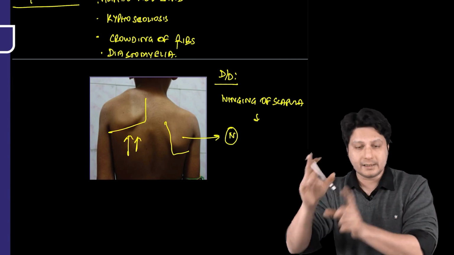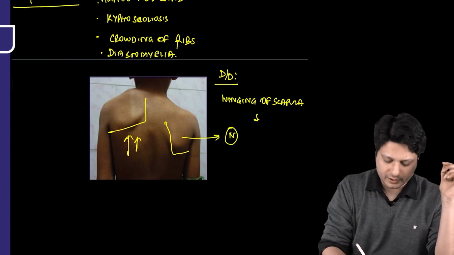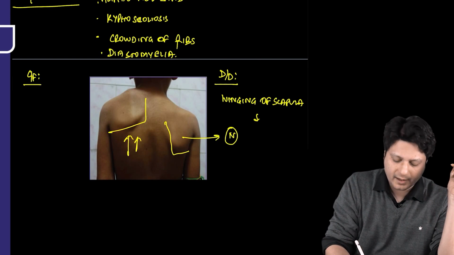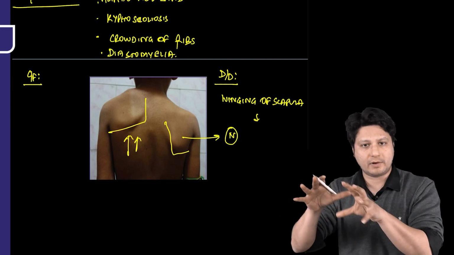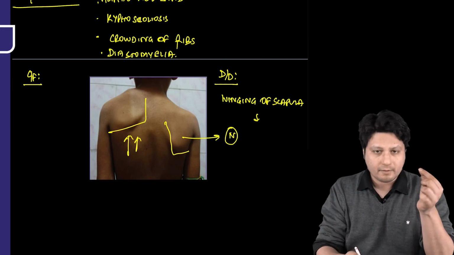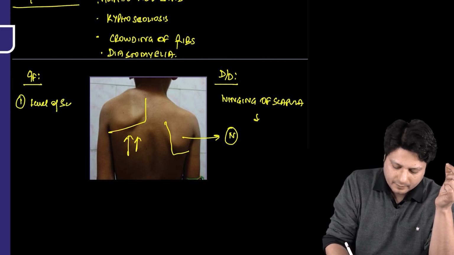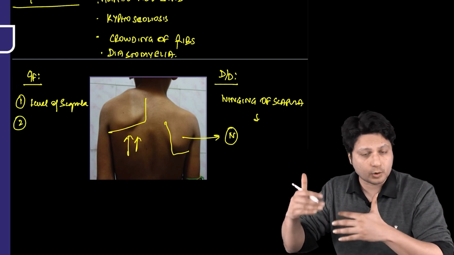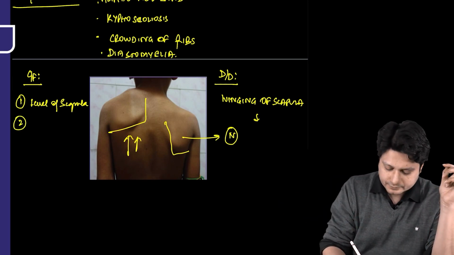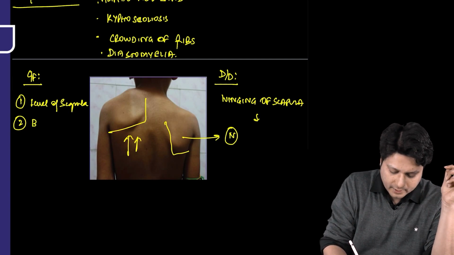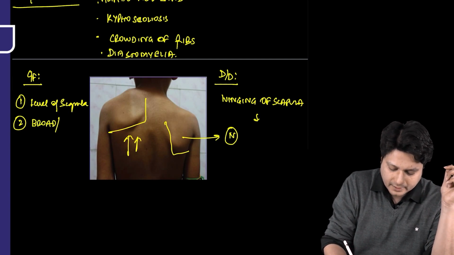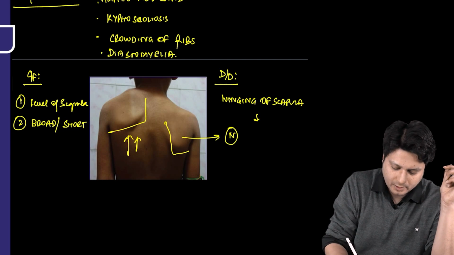And what are going to be the clinical features for the purpose of its identification? That means, how will you identify this Sprengel shoulder on a given image, or what are the features? One feature is the difference in the level of scapulae. So this is what the definition of the Sprengel shoulder is. Second is that it will be a broad kind of scapula, but relatively a short scapula.